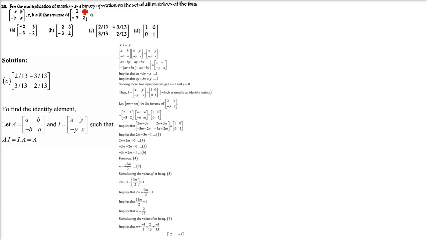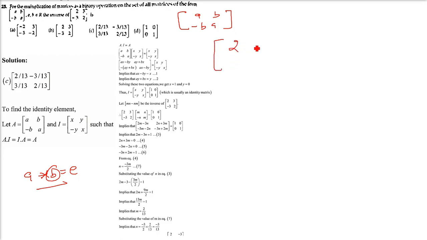For the multiplication of matrices, a binary operation on the set of all matrices of the form A, minus B, B, A, the inverse of a value is given. So let me write this. This is the form. We have to find the inverse of this matrix. Whenever we find the inverse, we say that A star B equals the identity element E, so B is the inverse of A. Same logic we are going to apply here.